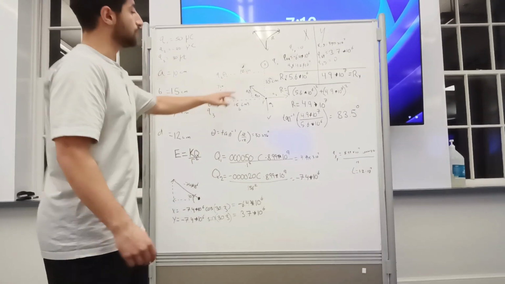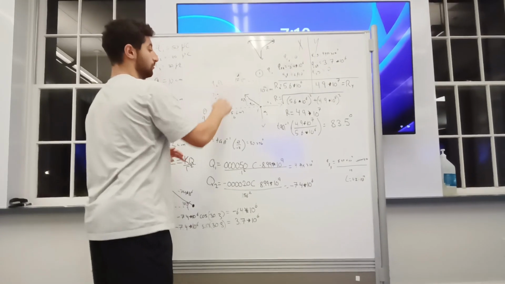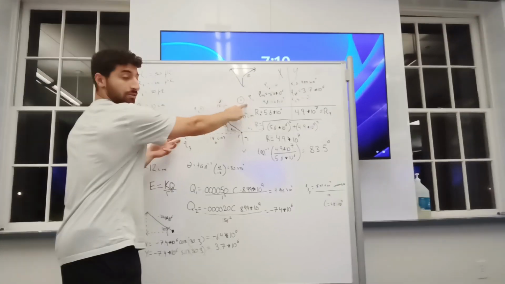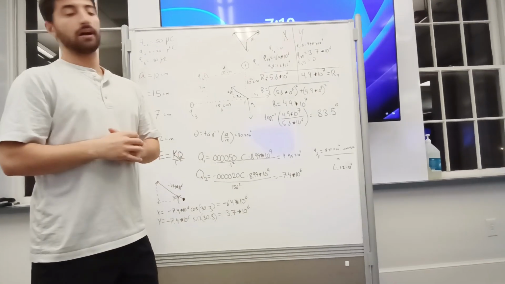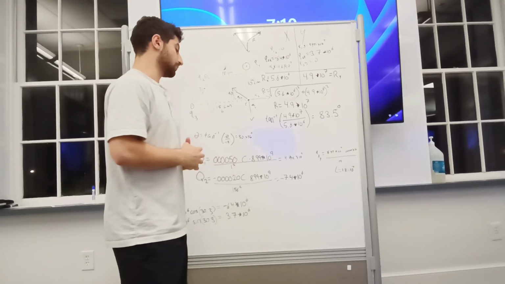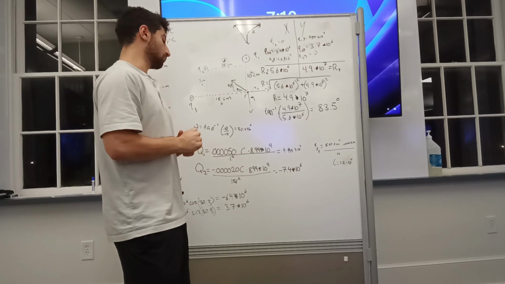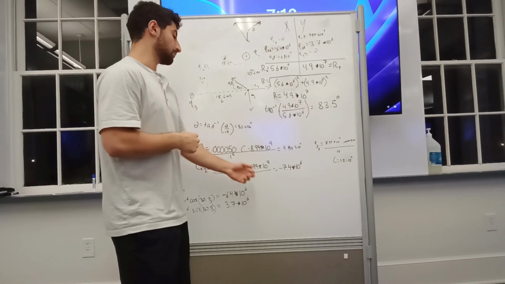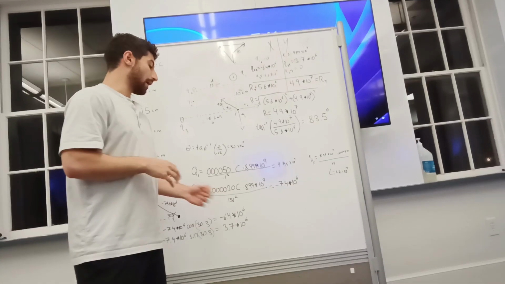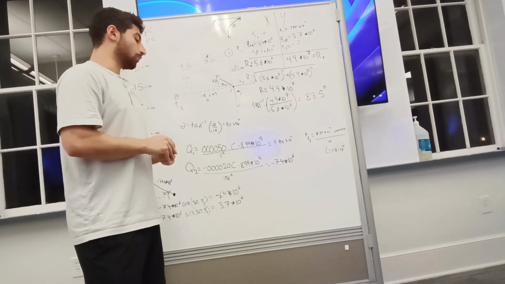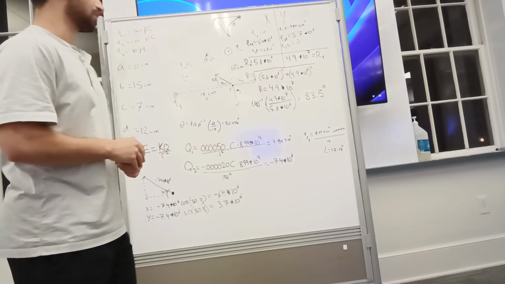Q2 was a little different because we had a line going towards Q2 since it's a negative, and Q1 and Q3 are positives. We had negative 0.00020 coulombs times our constant, which is 8.99 times 10 to the 9th, divided by our 0.156 squared, and you get negative 7.4 times 10 to the 6th.